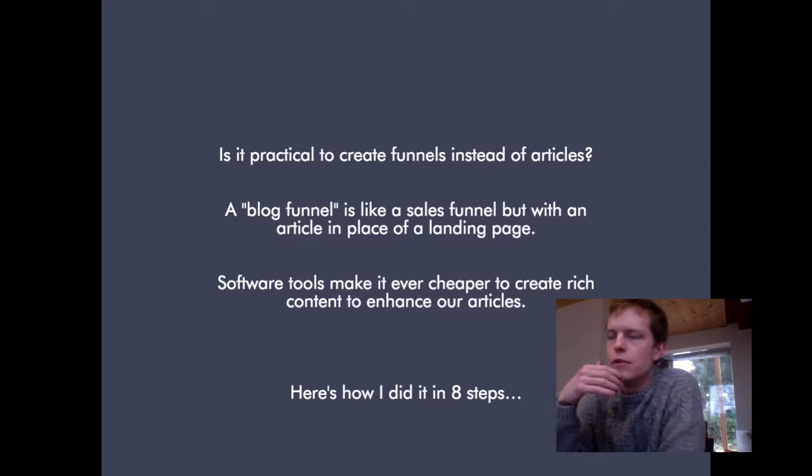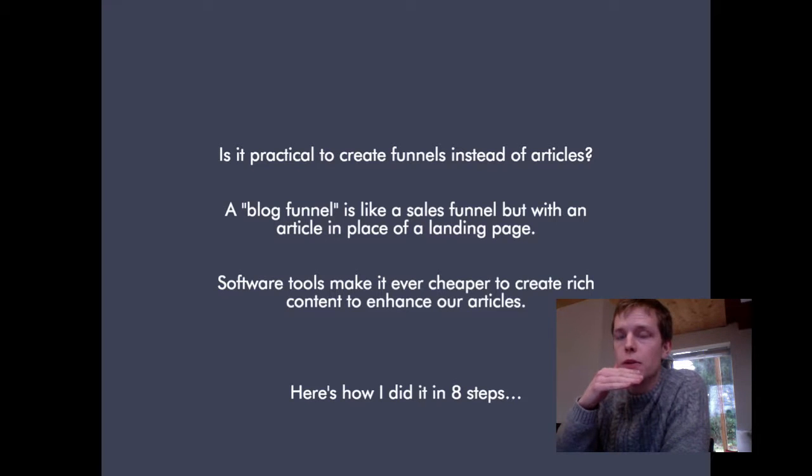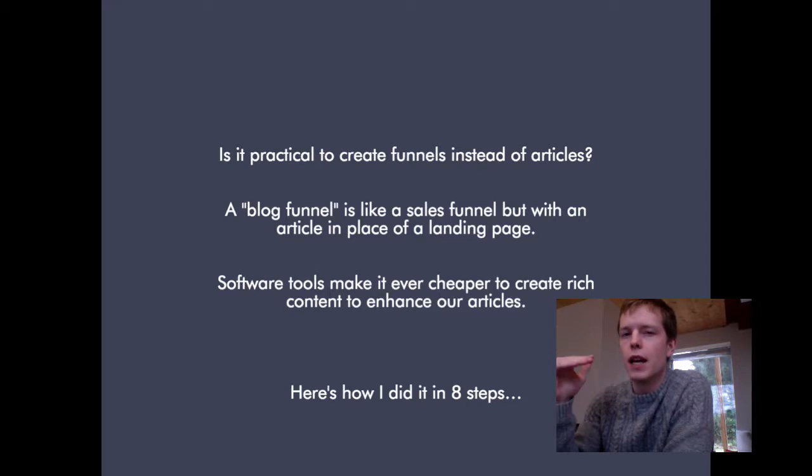For those of you familiar with sales funnels, a blog funnel is just like that, except instead of the landing page, it's the blog article. It's kind of like the 12-week year, this concept of advanced productivity by treating every 12 weeks as an entire year.